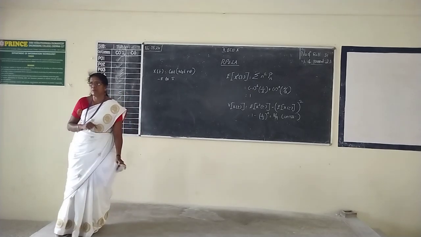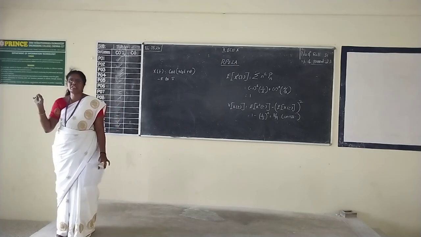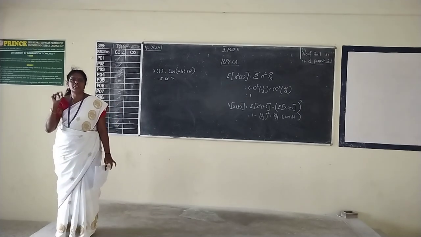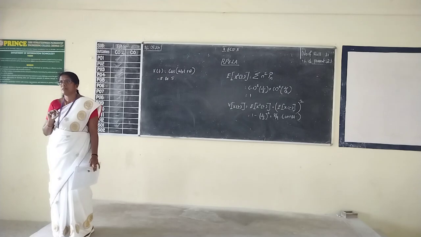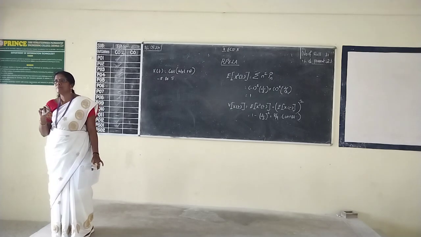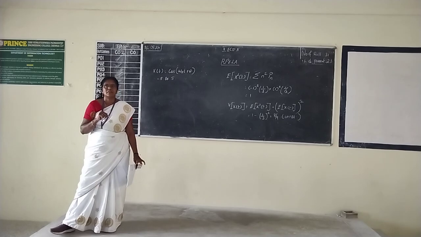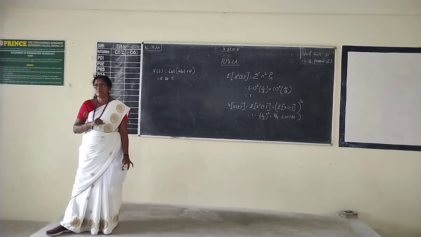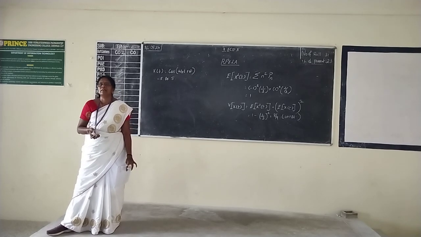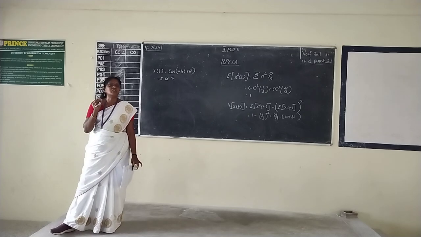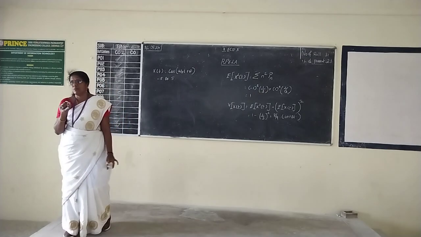Here what is the variable? Normally our variable is x. But here for this problem what will be the variable? Omega? Any other choices? Time? The one for which you have been given the distribution is theta.